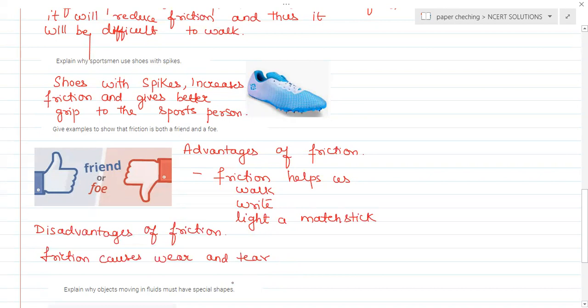You can leave it till here, or you can add sentences like: you need new shoes because of friction. You need to change tires because of friction. So friction causes wear and tear, and thus things would require maintenance.